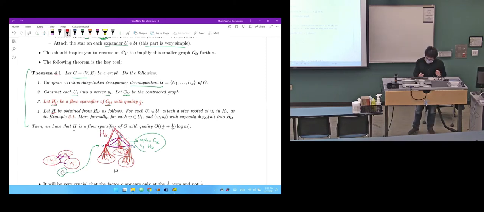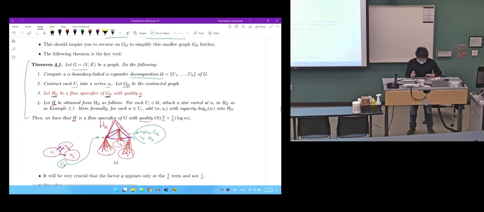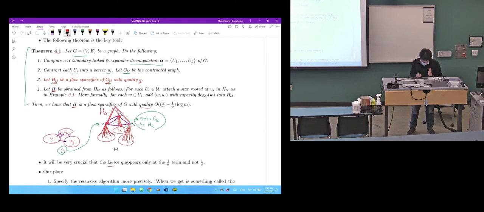But the claim is that this H is a flow sparsifier with quality Q over alpha plus 1 over 5. It's going to be very crucial that this Q factor appears only with 1 over alpha and not 1 over 5.